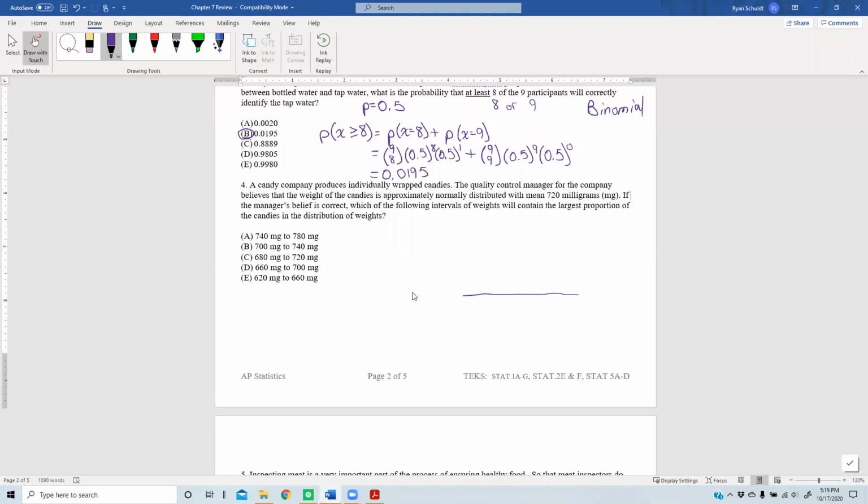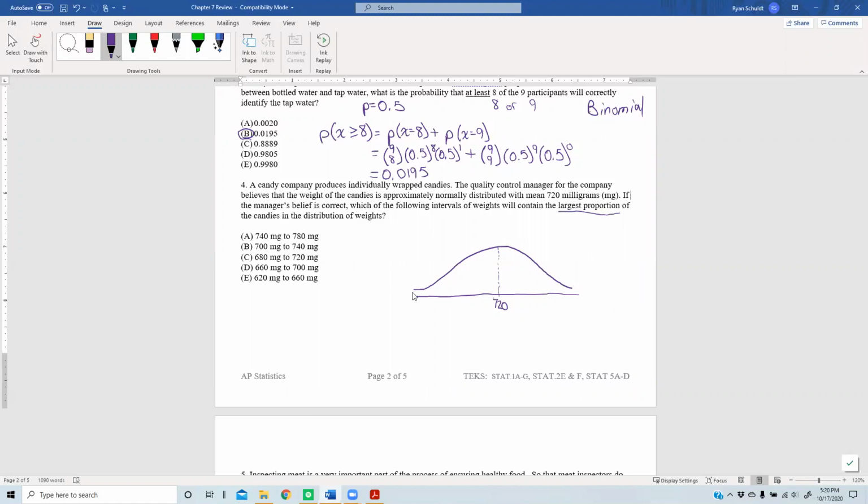And I'll say approximate because, yeah, I'm not an artist. So we're going to draw just an approximate normal curve. Okay, our mean is going to be right here in the middle, 720 milligrams. Okay, now, which of the intervals will contain the largest proportion?